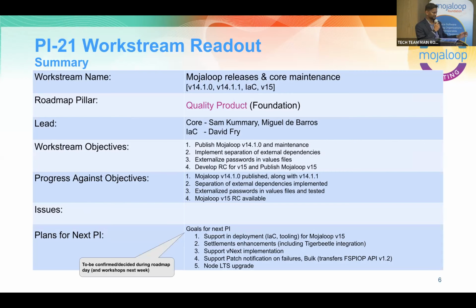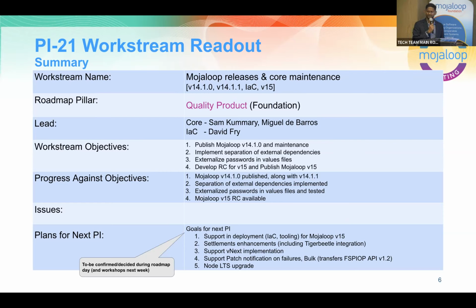We have this pillar structure, the 3 pillars, and then there is a foundation, quality product. This work stream, the Mojaloop releases and maintenance, comes under the quality product. We wanted to publish Mojaloop 14.1.0 in this PI, and then have IAC support for that, infrastructure as code support, and also support other downstream teams like Miniloop and others who are taking Mojaloop core Helm charts.